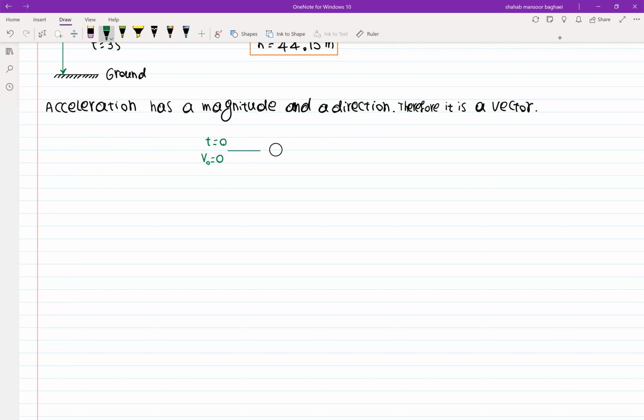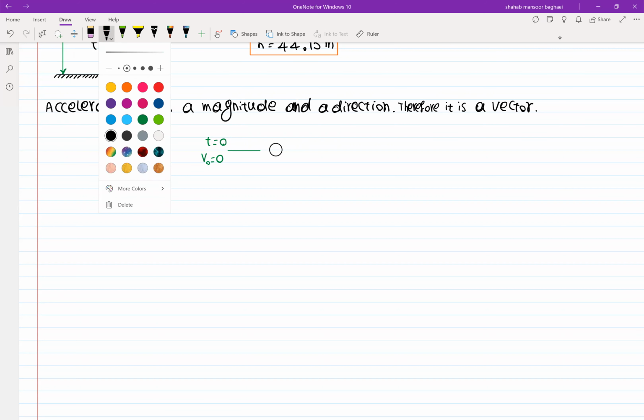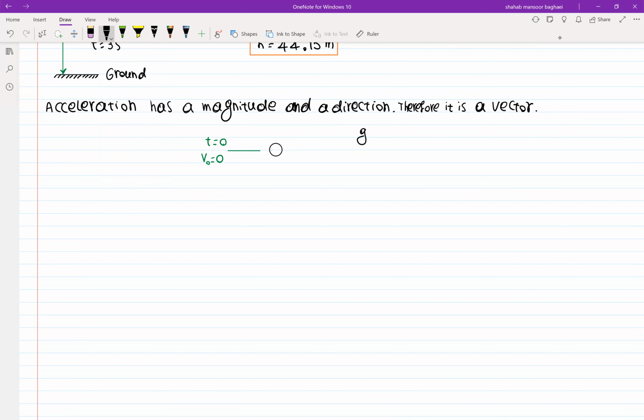Okay. What is gravity? The gravity or G value is 9.81 meter per second square. And actually, it's an acceleration. So recall the definition of acceleration.